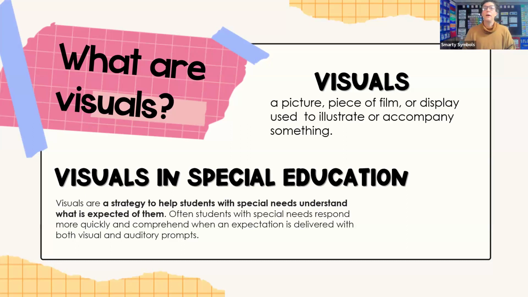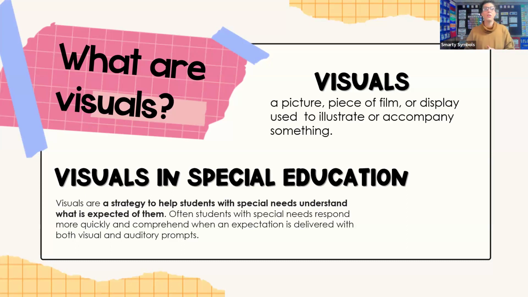But when we talk about visuals in special education, those are a strategy we tend to use to help students better understand what is expected of them, whether we're using it to give a direction or an answer cue, to help students quickly understand what's being asked and comprehend it.